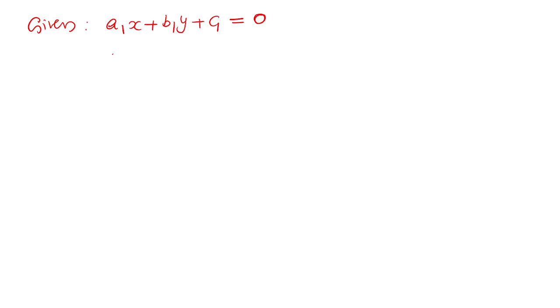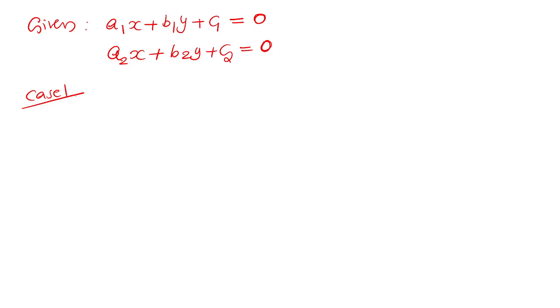The second one is a2x plus b2y plus c2 equal to 0. Now listen. There are three cases. Let us learn without any proof, because proof is not required, so I don't want to spend time on it.